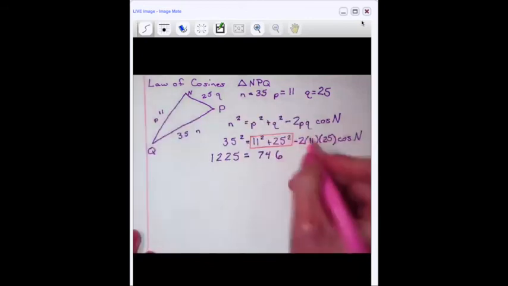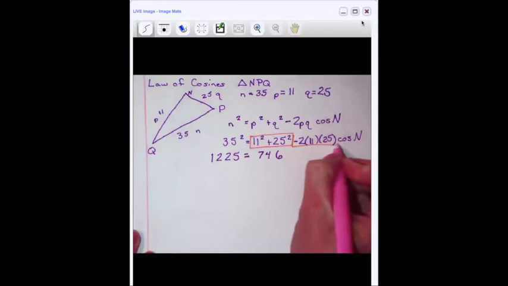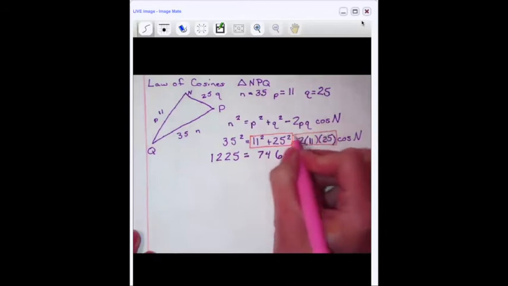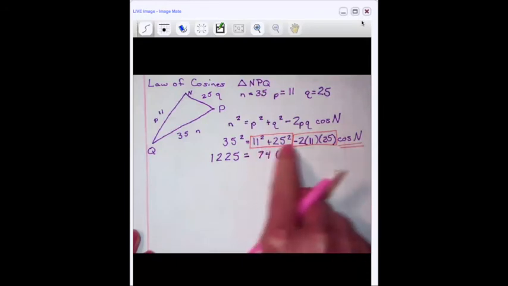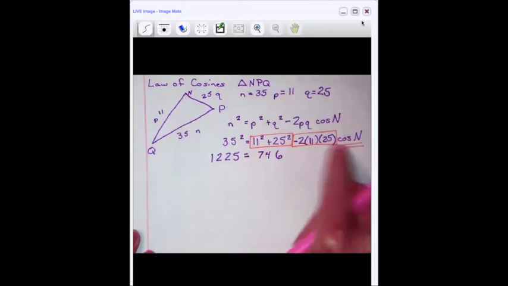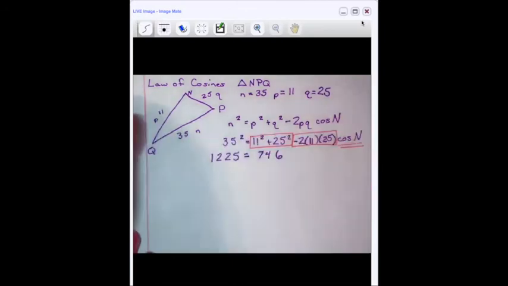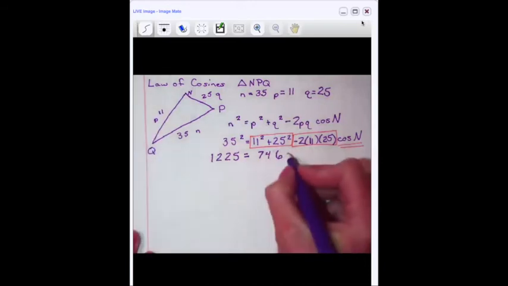And then I can put this minus 2 times 11 times 25 together. Now this is a coefficient of this cosine n, so I can't put all of these parts together because this is the coefficient of this cosine term. So when we put that together, we'll have minus 550.